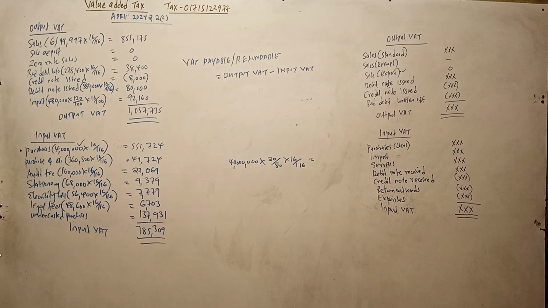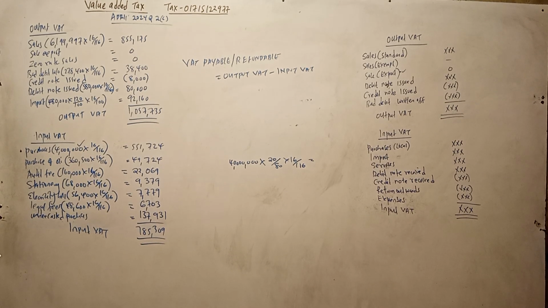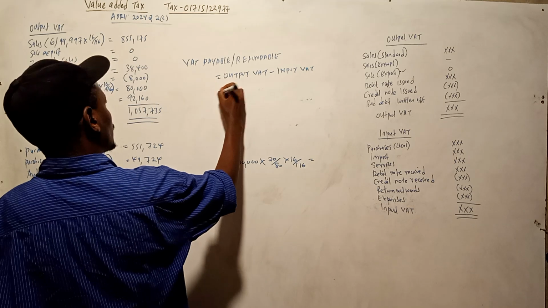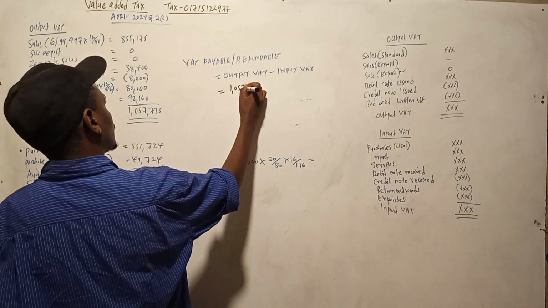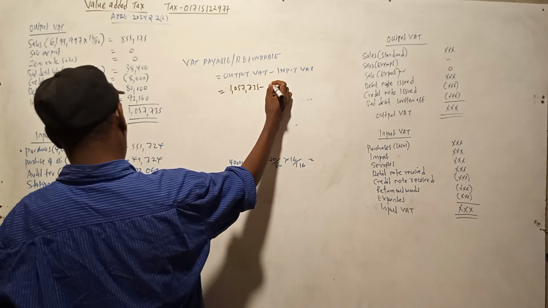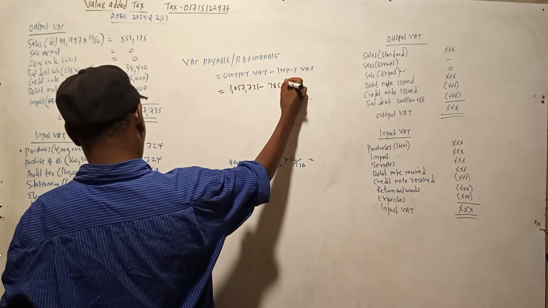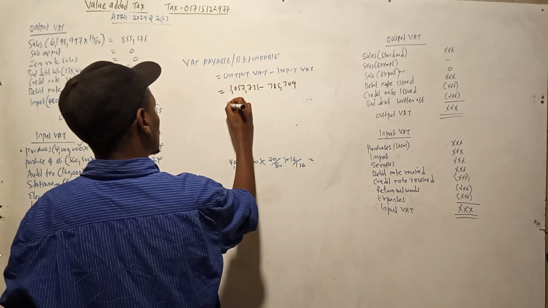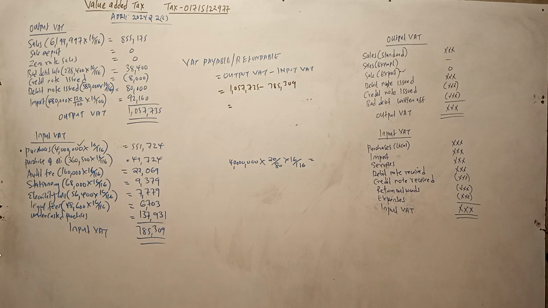So I think that marks the end of our class. So output VAT we get is 1,057,735 minus 785,309. So you can get the VAT value.